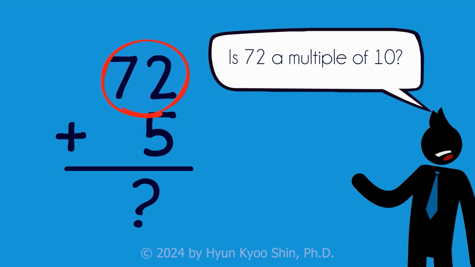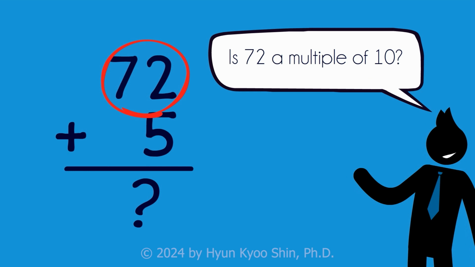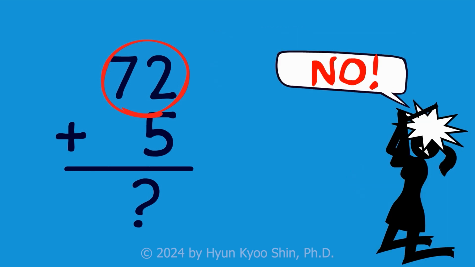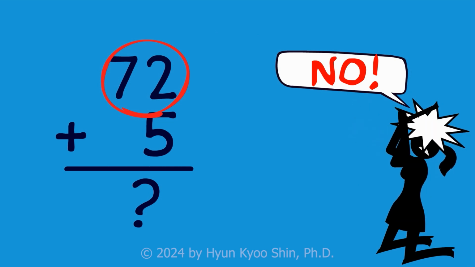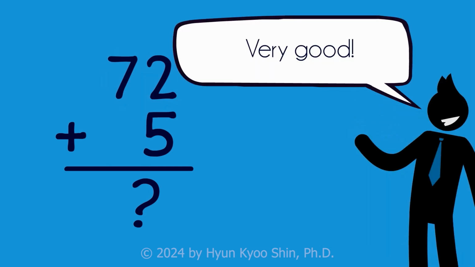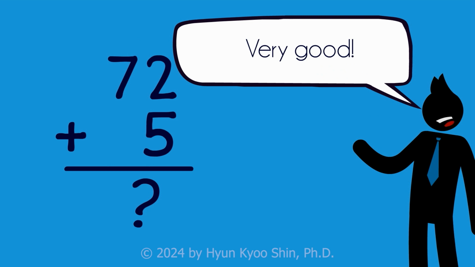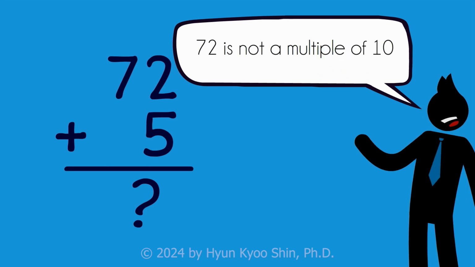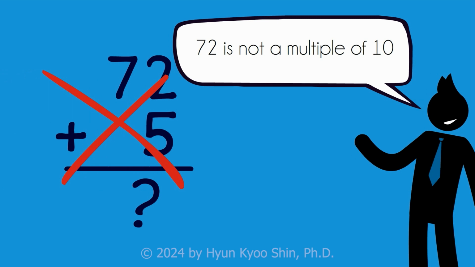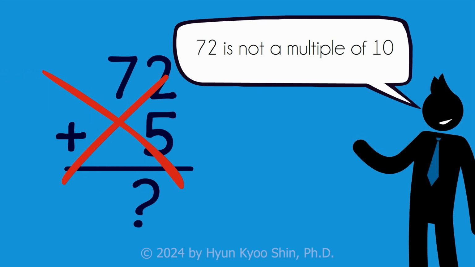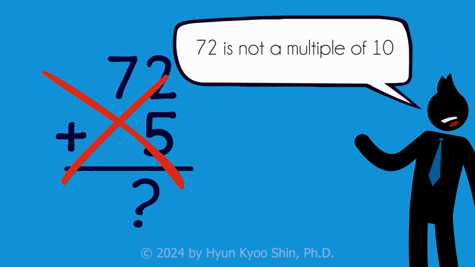Is 72 a multiple of 10? Very good! 72 is not a multiple of 10, so this example does not belong to our concept.